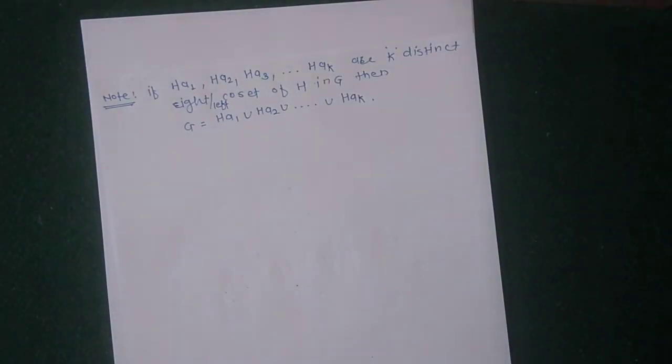If G has k distinct right or left cosets, whichever, then G equals the union of these k distinct right cosets or left cosets. This is a very important note. Using this note, we have to prove Lagrange's theorem.